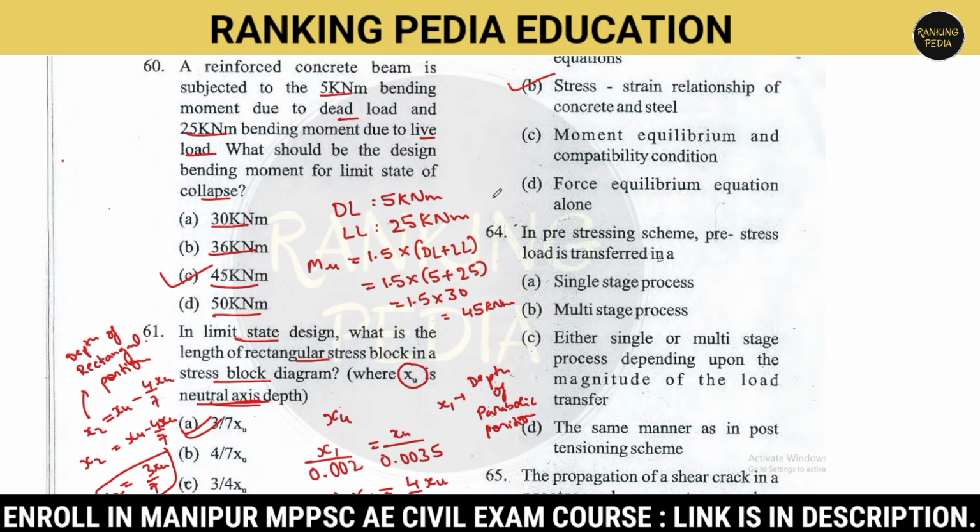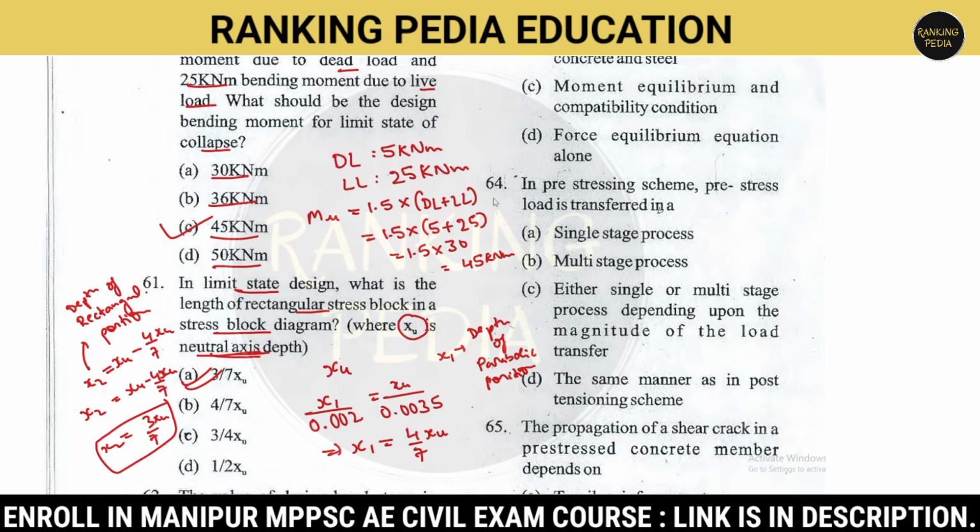Next question is question number 64. In a pre-stressing scheme, in which process is the pre-stress load transferred? Your options are single stage process, multi-stage process, option C is either single or multi-stage process depending upon the magnitude of load transfer, and option D is the same manner as in the post-tensioning scheme.